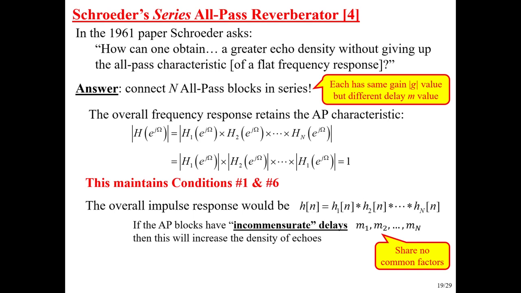So the claim is that increases the density of echoes. Now, one way that you can easily test this is to go into MATLAB and create an H1 that looks like this. It's a 1, 0, 0, 1, 0, 0, and just keep doing that for some number of repetitions. So that's a spacing of 3, right? 1, 2, 3.